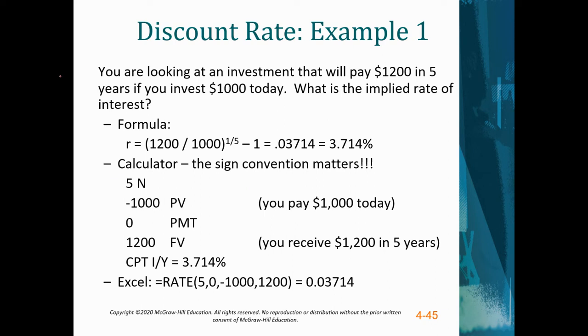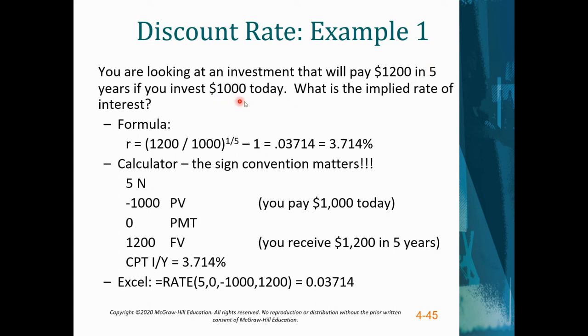So I'm looking at an investment that'll pay $1,200 in 5 years if I invest $1,000 today. What's the implied interest rate in this case? Well, I know everything else. I know the number of periods, which is 5 years.